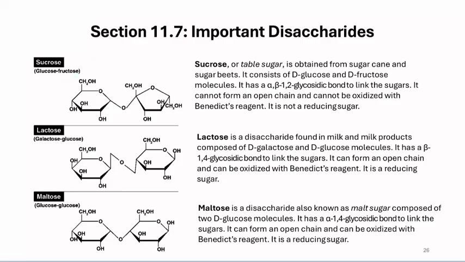Interestingly, the glycosidic bond between the glucose molecule and the fructose molecule is what we know as an alpha beta 1 2 glycosidic bond, meaning that the two monosaccharides, glucose and fructose, are actually bonded by the OH.